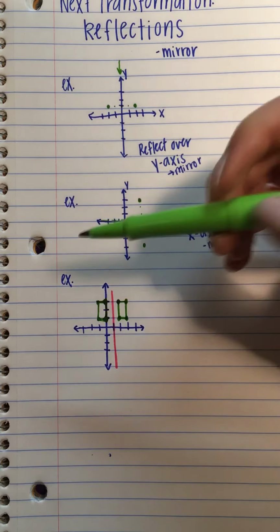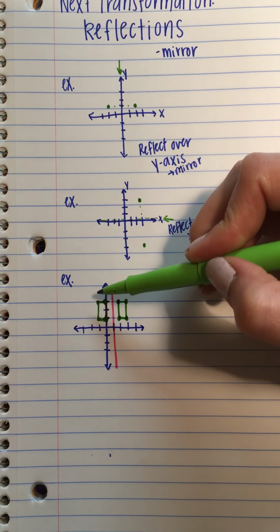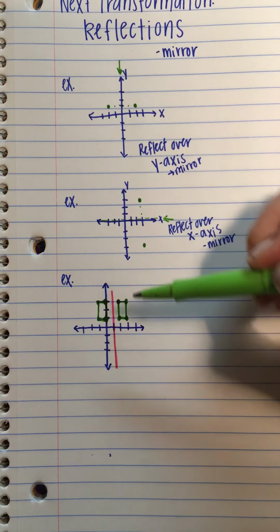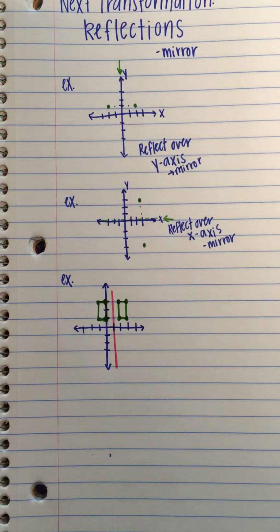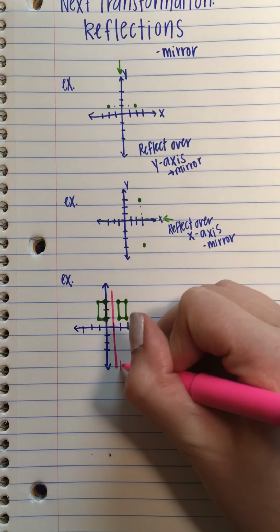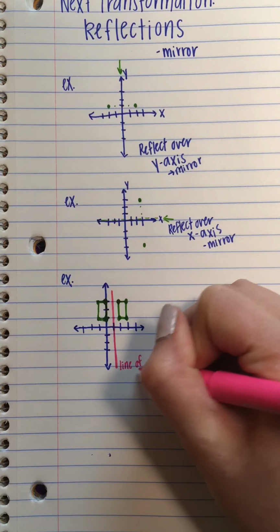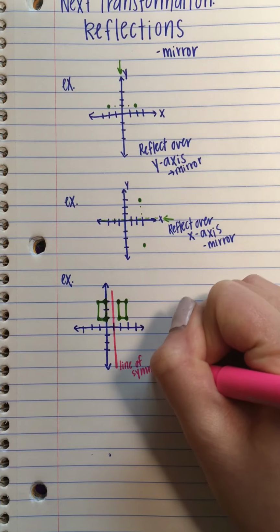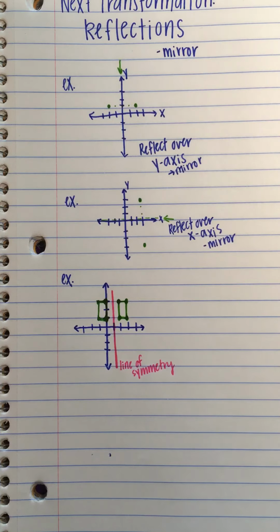So again, it should look like I picked up this original shape and just reflected it over. A connection you can make here, think of this as being like a line of symmetry. Okay, if that helps you. Like I said, it's extremely visual, but at the end of the day, you can still just count it out.